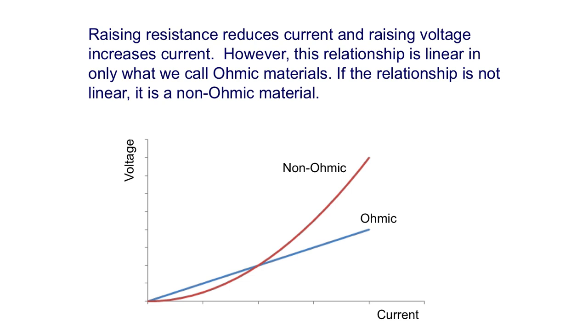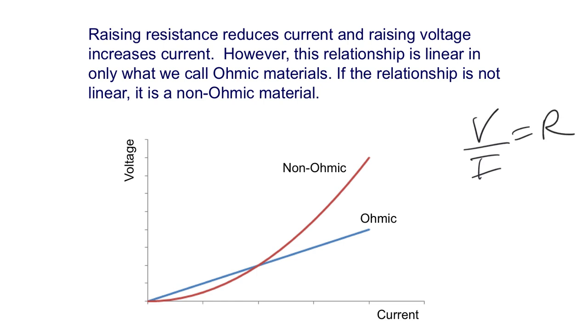Now, if you plot applied voltage versus current, the slope of the voltage over current graph would be resistance.